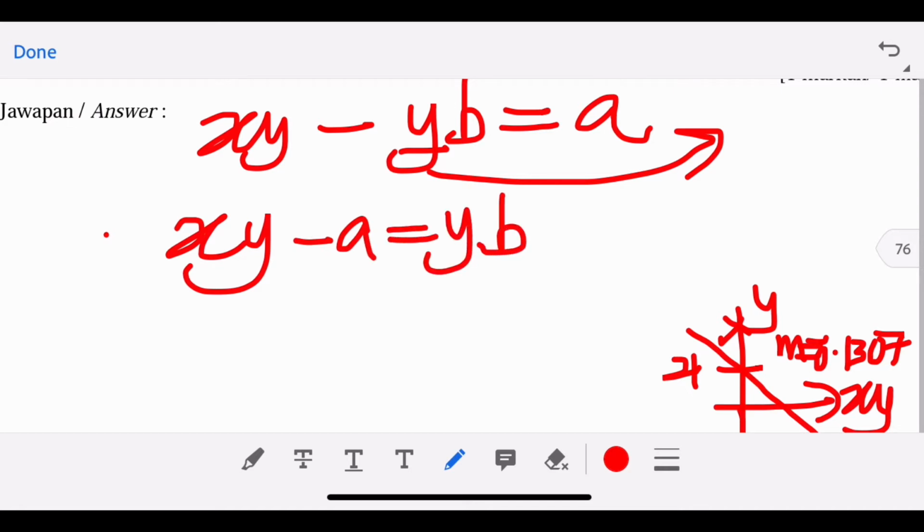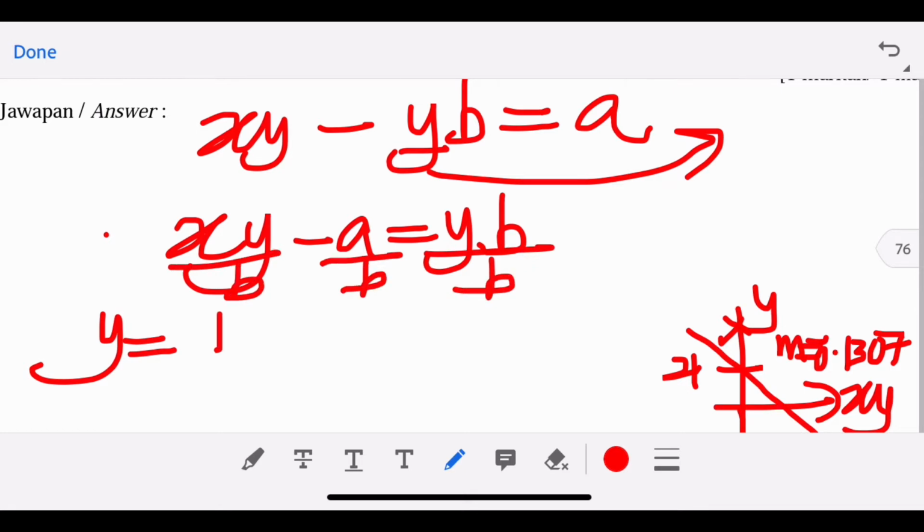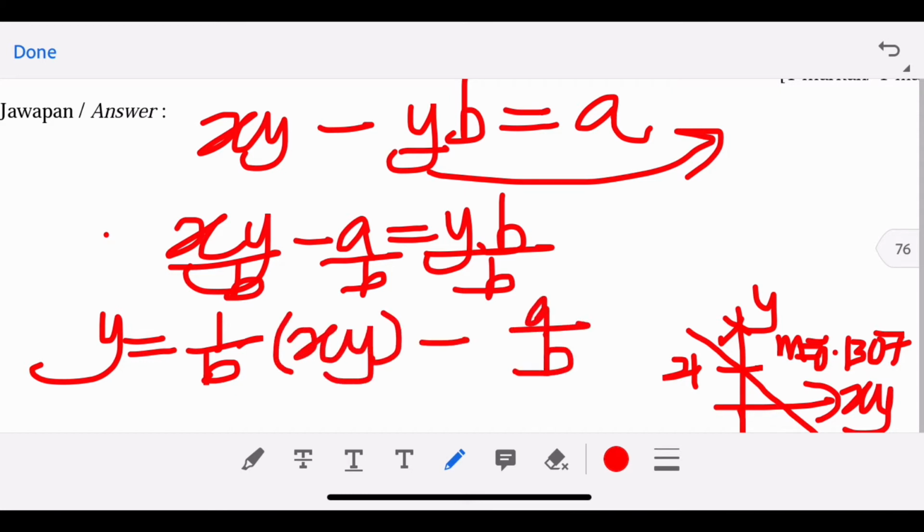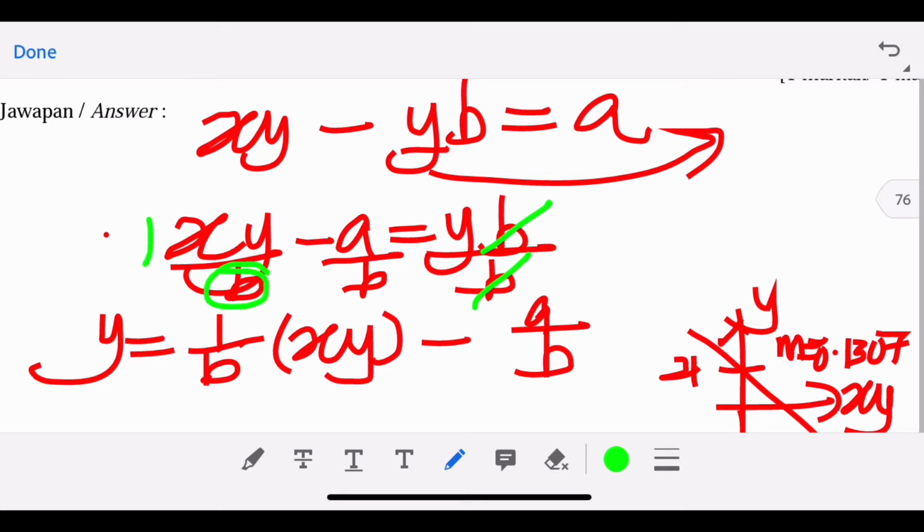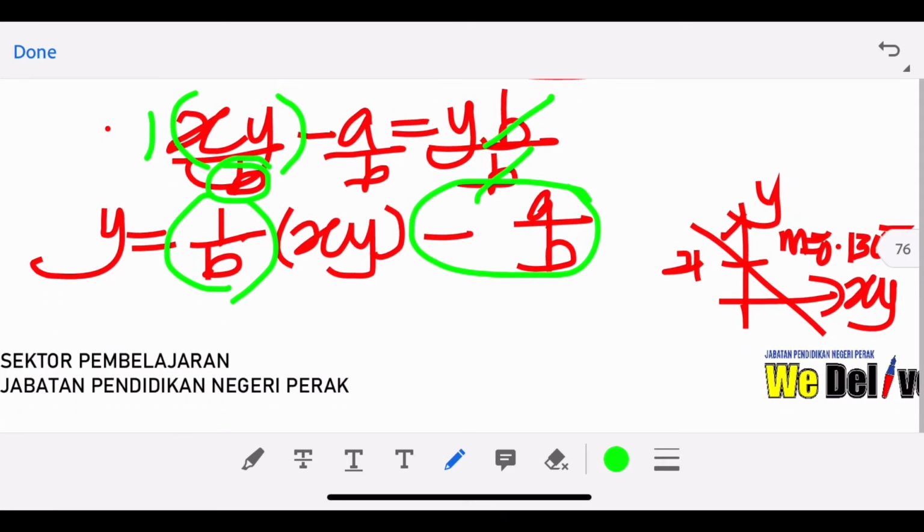So that means my y is, I divide by b, so it is 1 over b times xy minus a over b, right? So let's see. If I cancel out here, alright, so the simplest one is this is 1 over b. Alright, so this is the gradient. This is the y-intercept, right?